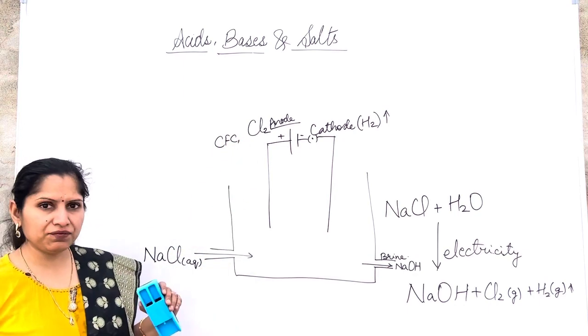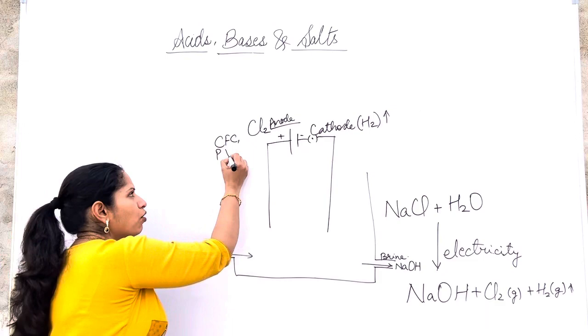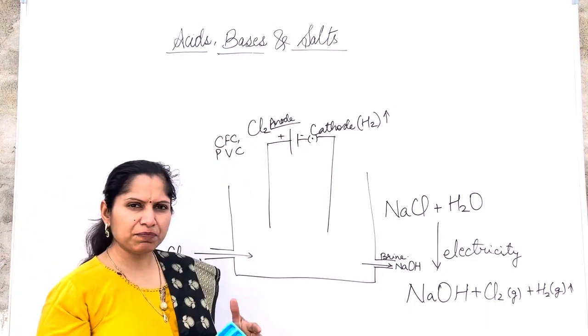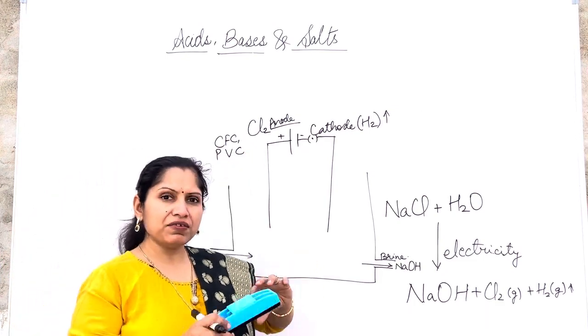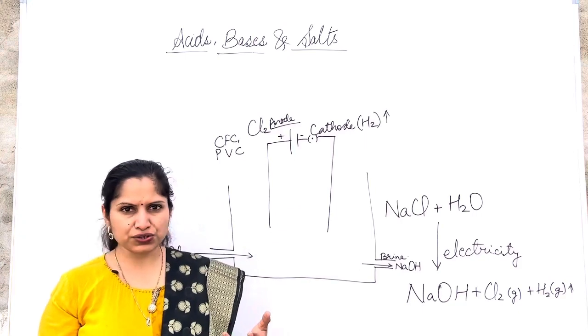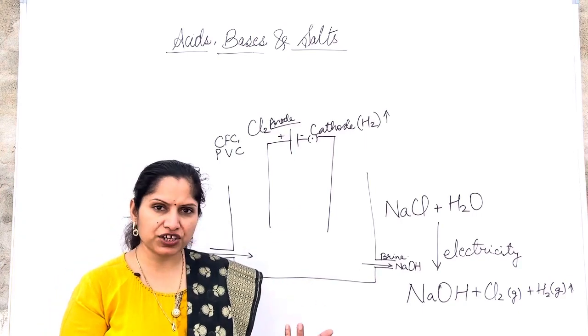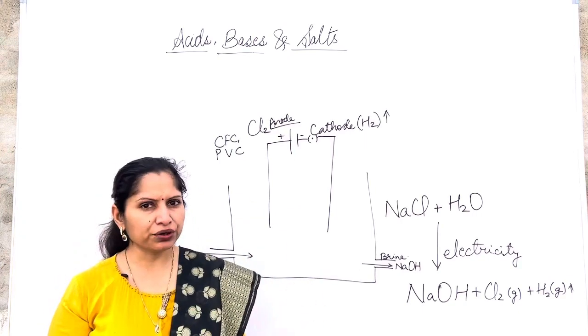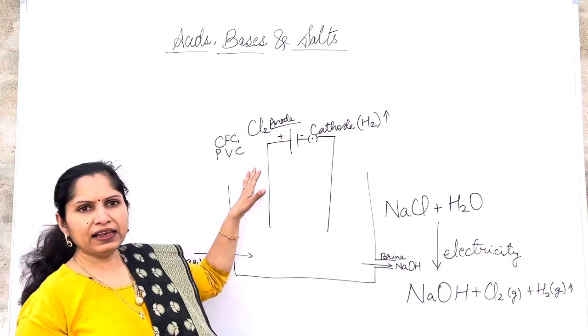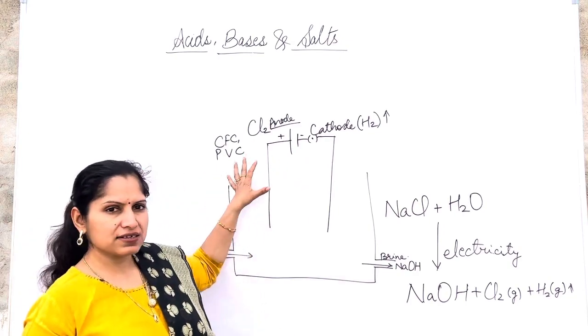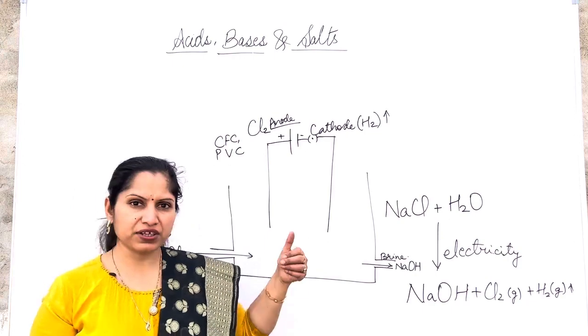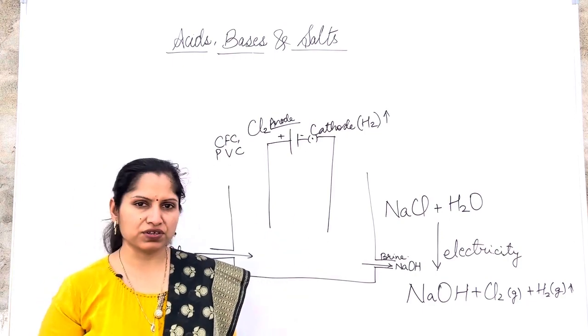Apart from that, PVC means polyvinyl chloride. PVC pipes are there, and PVC coating is on wires also, copper wires and all insulated wires. That is all prepared by using the chlorine formed during the process.